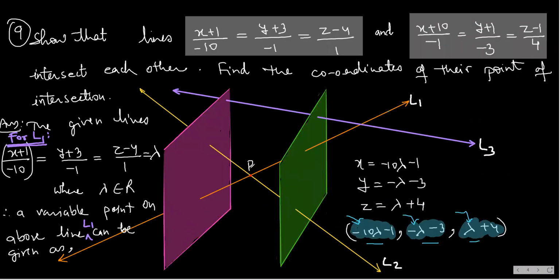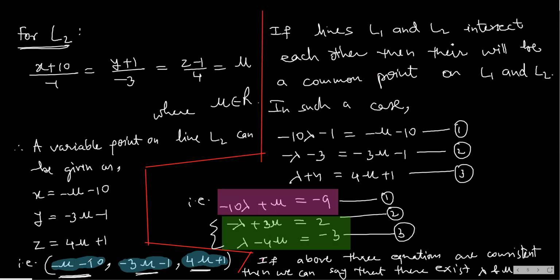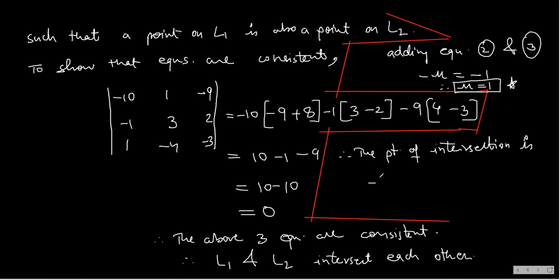When you put mu as 1, you get the point of intersection. Therefore the point of intersection is, substituting mu as 1, minus 11, minus 4, 5.